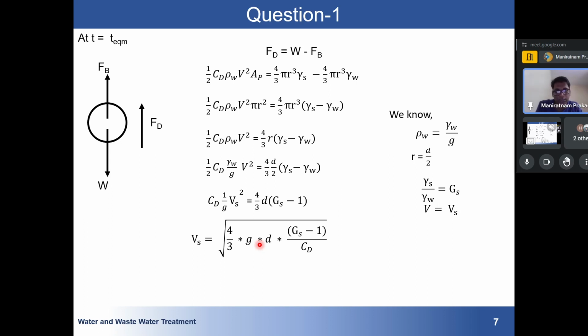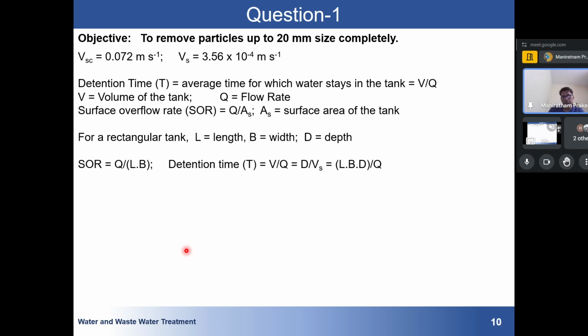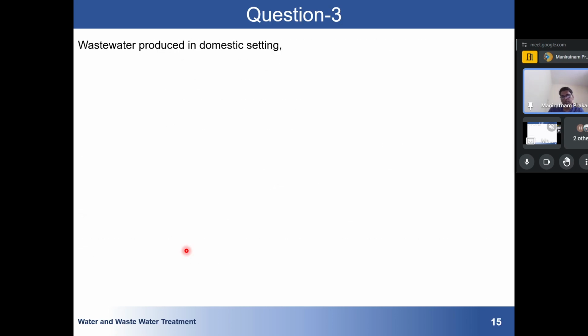From there you can check and you will come to know that this Vs for a non-spherical particle is greater than for a spherical particle. I hope this is very clear to you.